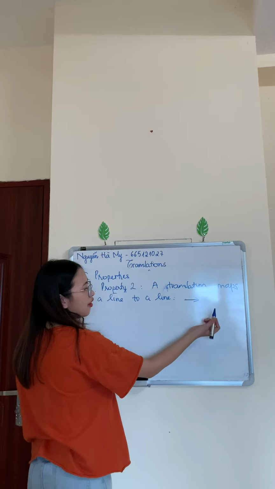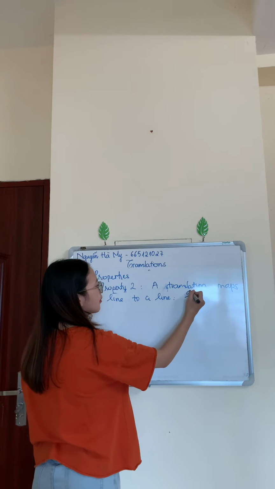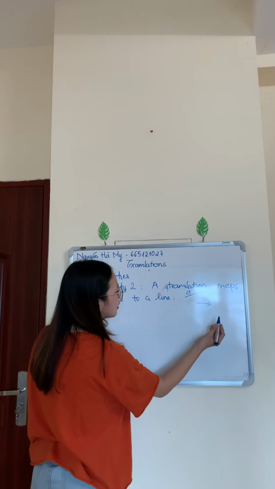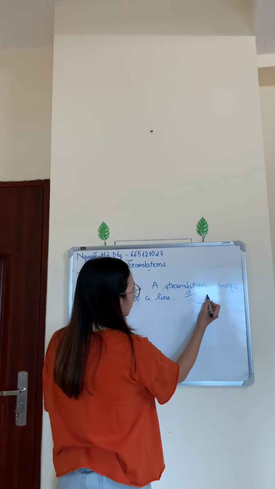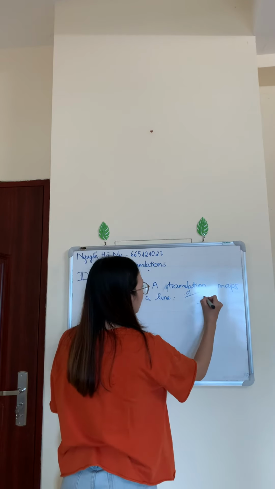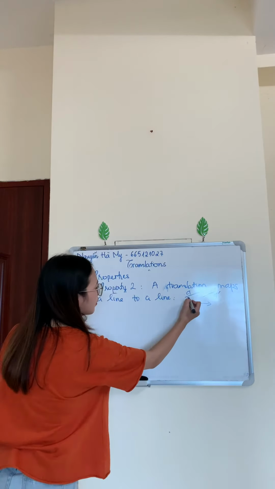Yes, it is obvious that if I have a line d here and vector v like this, we have the translation of d, d prime, like this by vector v.